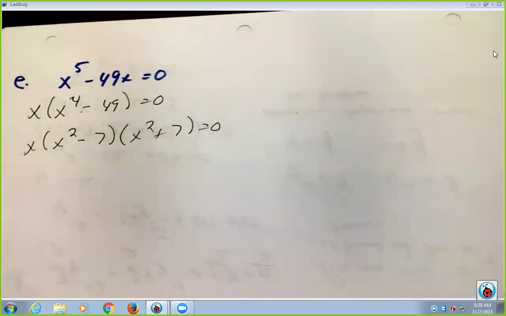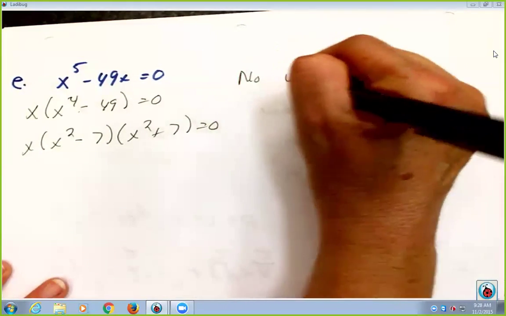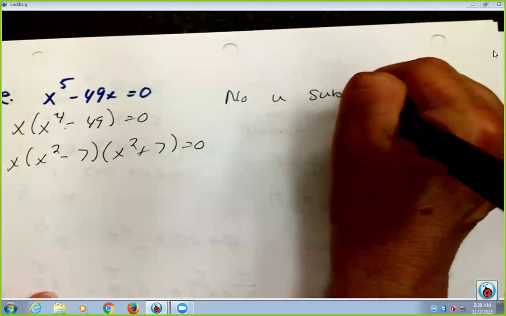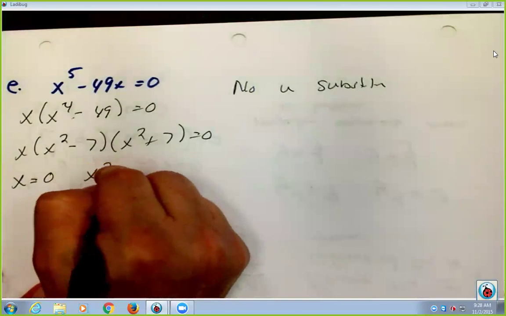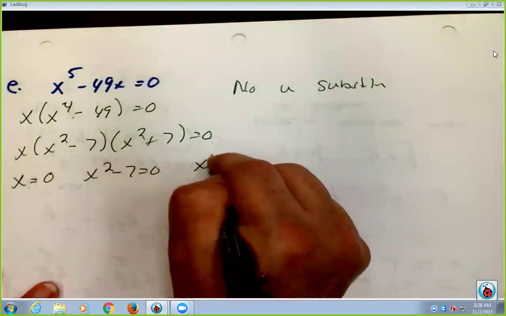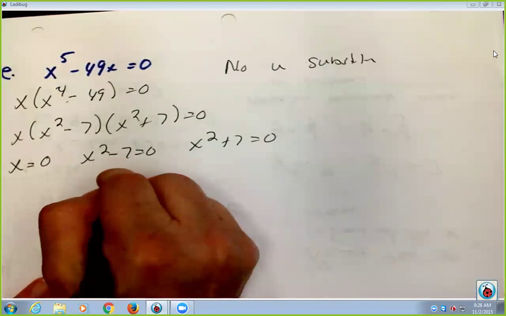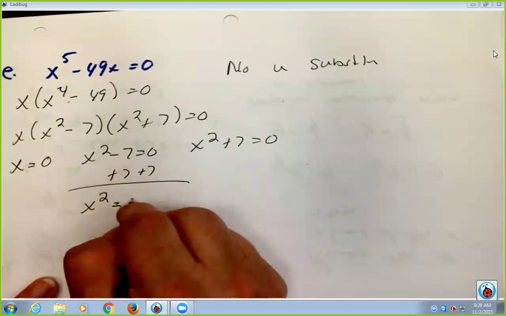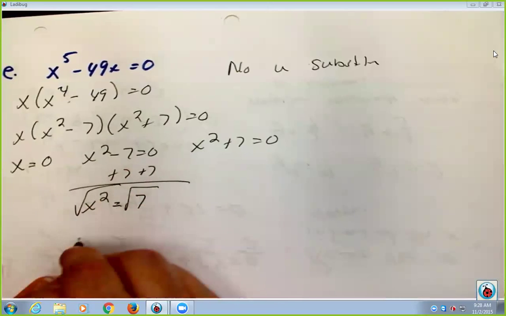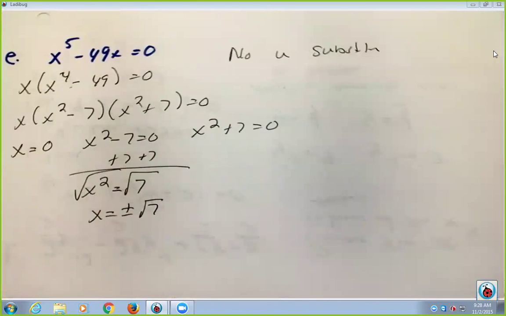So this one, there's no u substitution. So set each piece equal to 0. Use my square root property. Take the square root of each side. So I find x is equal to plus or minus the square root of 7.